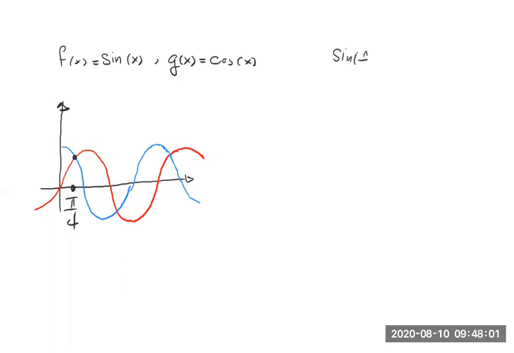Sine of pi over 4 is equal to cosine of pi over 4, which means they intersect. Whenever they are equal, it means they intersect. This is square root of 2 over 2. Another place where they intersect is here, and this is 5 pi over 4.